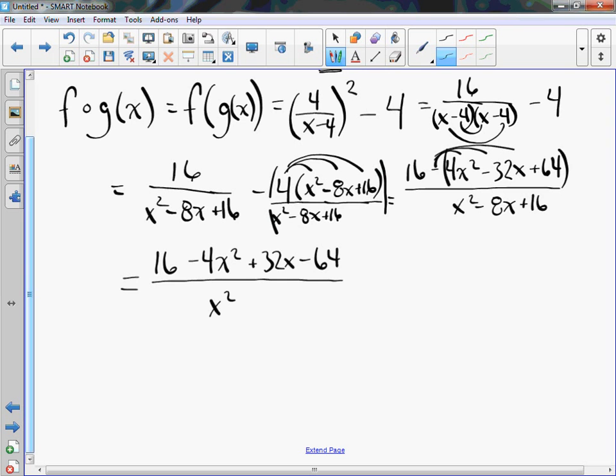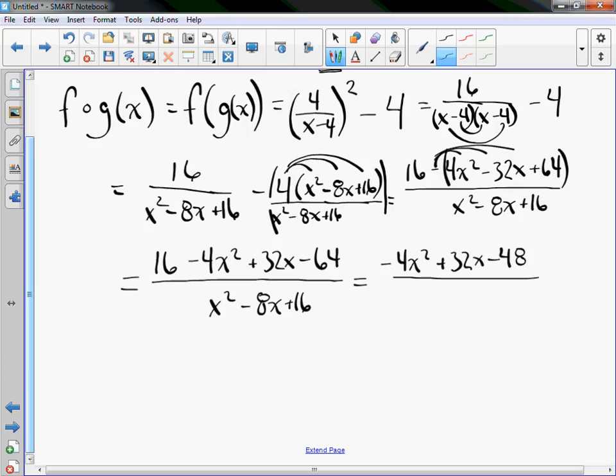And it should be done now, but we have one more step. We have a like term in the numerator. So negative 64 and a positive 16. Let's see, what is that, negative 50 or 48, right? So negative 4x squared plus 32x minus 48 over x squared minus 8x plus 16.